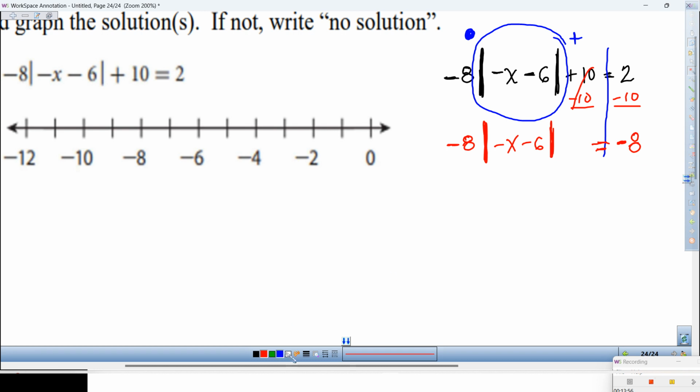So we still need to leave the absolute value by itself. What's next to it? The negative 8. And what is it doing? Multiplying. So what is the inverse? Divide by negative 8. We do that to both sides. And that leaves us with absolute value of negative x minus 6 equals 1.